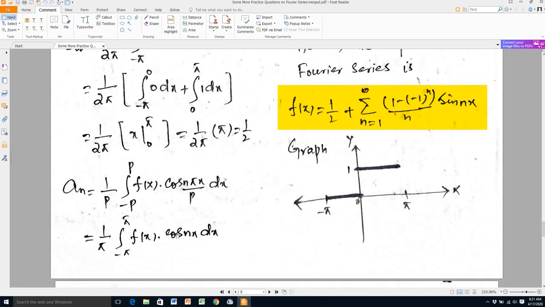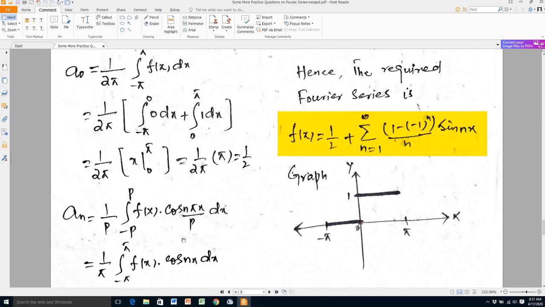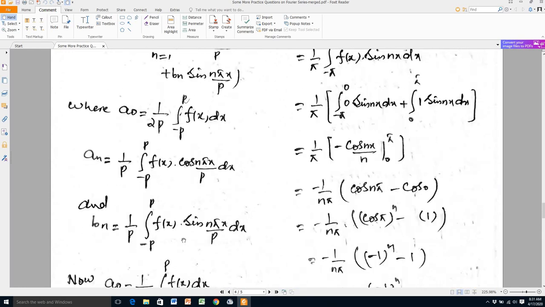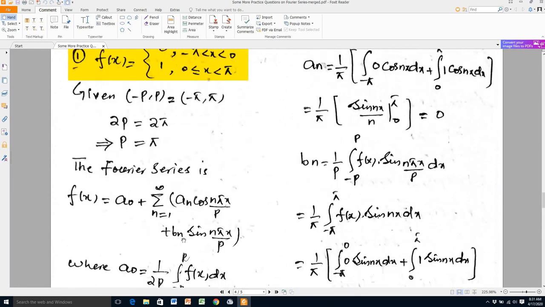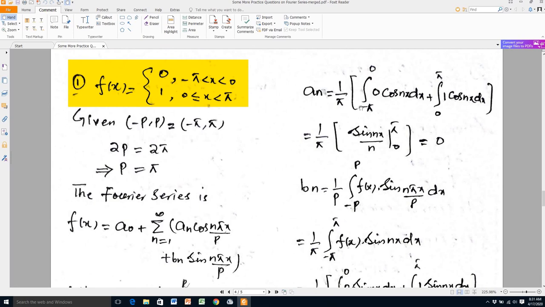Similarly, I take the second coefficient, that is a n, 1 over p integral from minus p to p f of x cos n pi x over p dx. Similarly, I substitute the value of p here, so you see here 1 over pi. Again I split the integral according to the given limits.